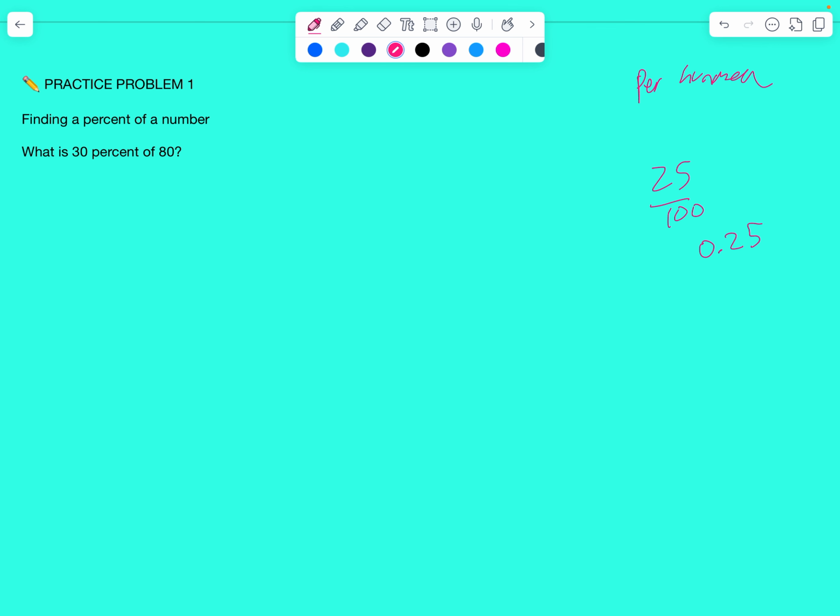Okay, let's do practice problem 1, finding a percent of a number. What is 30% of 84? So I'm going to show you two ways to do it. I'll start with the first one. This is probably the way you're going to have to do it. Step 1 is write the percent as a decimal, okay? So you have 30%, convert it into a decimal. So it would be 0.30 because 30 divided by 100 is 0.30.